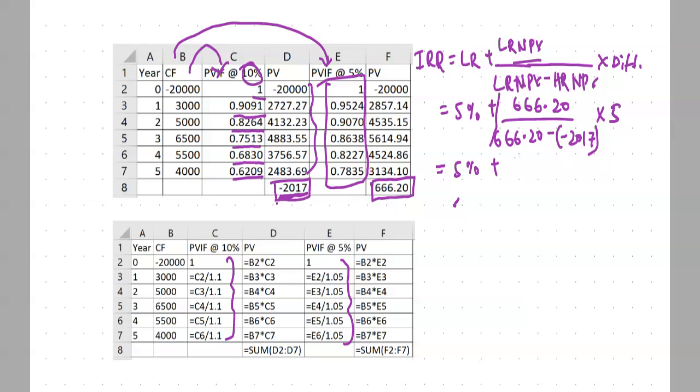So this one comes out 0.2483, multiplied by 5, plus 5%, that is 1.2416 plus 5%, which is 6.24%.